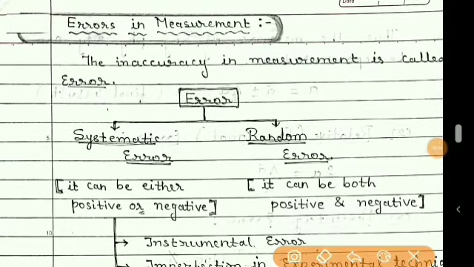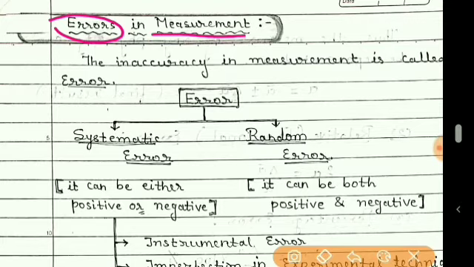So now students, it is clear that there can be difference in the measured values. Due to this difference in the measured values, there arises an error in a measurement.